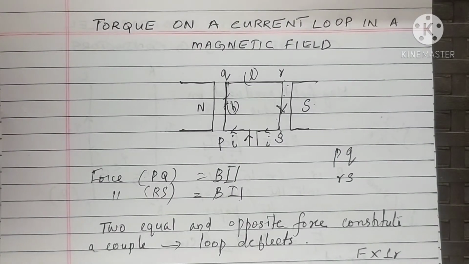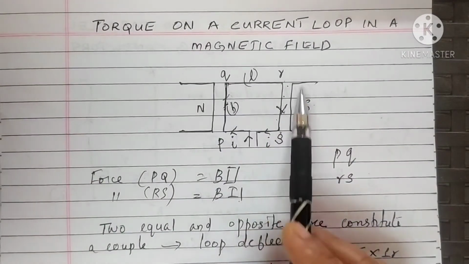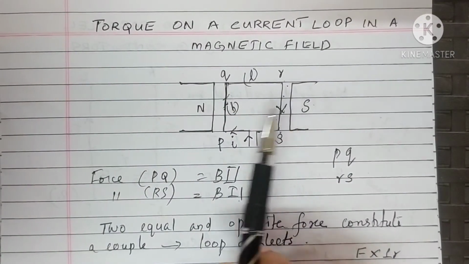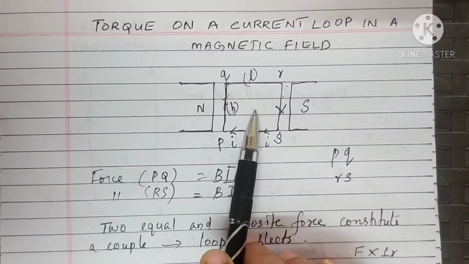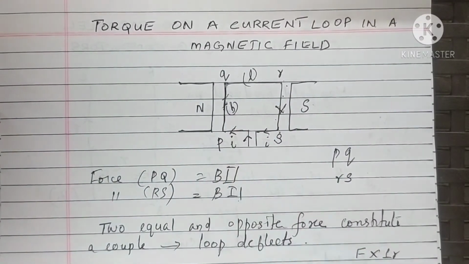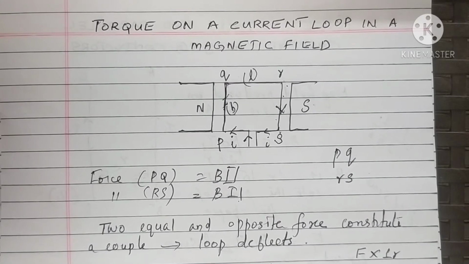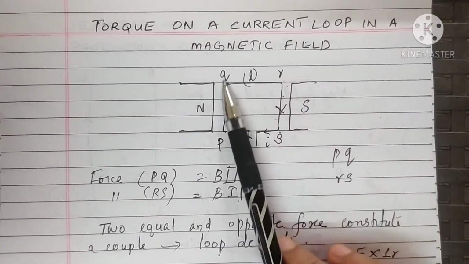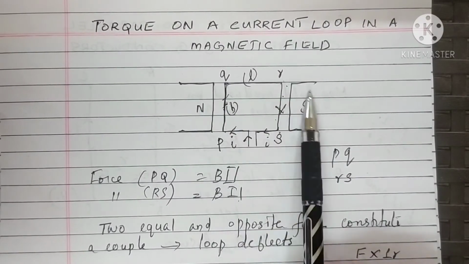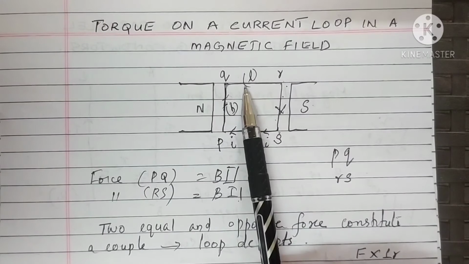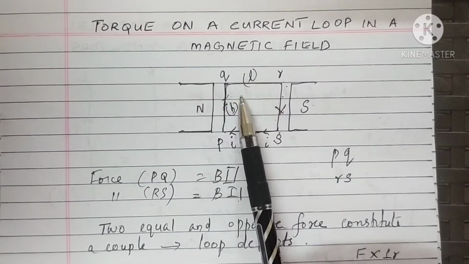So this is the condition where the rectangular loop is placed such that the uniform magnetic field B is in the plane of the loop. Understood? In this condition we got the expression for torque as BIA, where we have considered the magnetic field to be in the plane of the loop.